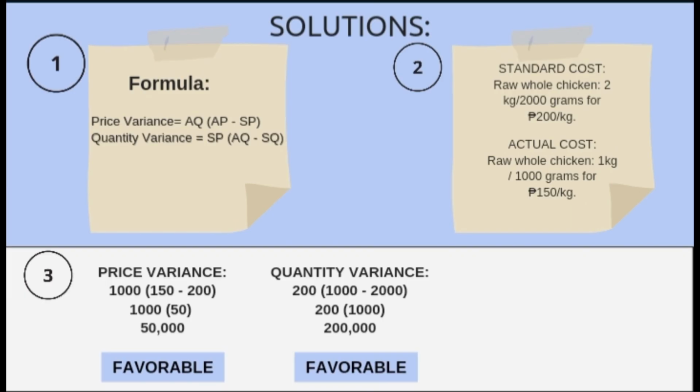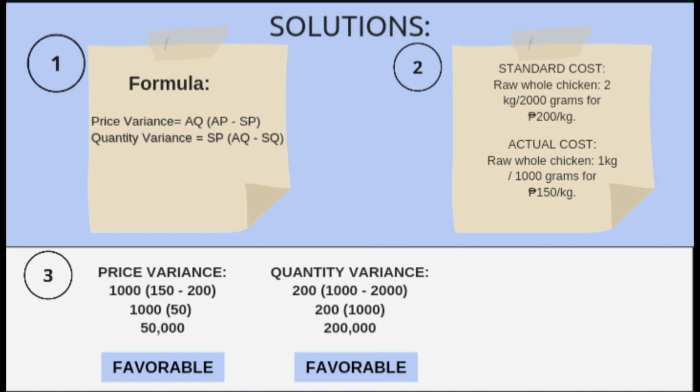So for price variance, it would be 1,000 multiplied by 150 minus 200. 150 minus 200 would be -50, or you can simply put 50. And then multiply it by the 1,000, which is the actual quantity. The answer would be 50,000, and it is considered favorable because the actual price is much lower than the standard price.